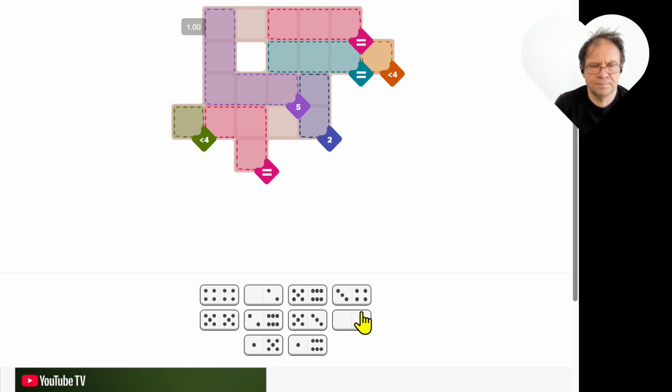Now, this little thing can be 4, 5, or 6. For example, it could be that.